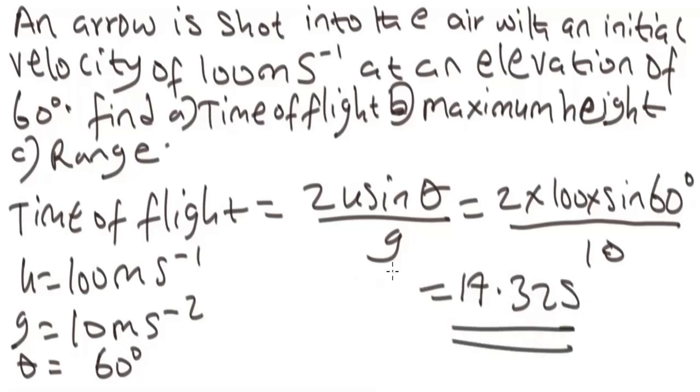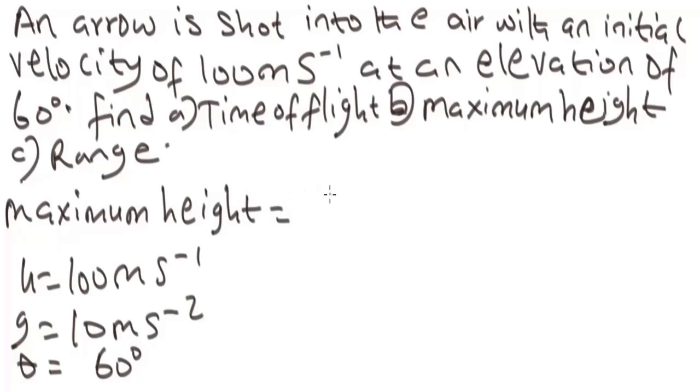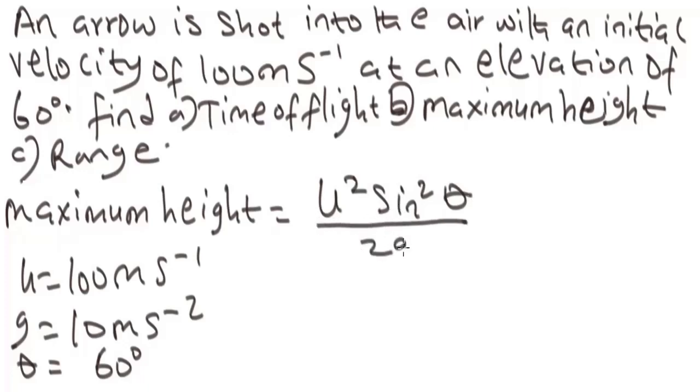Alright, let's wipe this and solve for maximum height. The formula for it is u square sine square theta over 2g. So we have our u, g, and theta there.